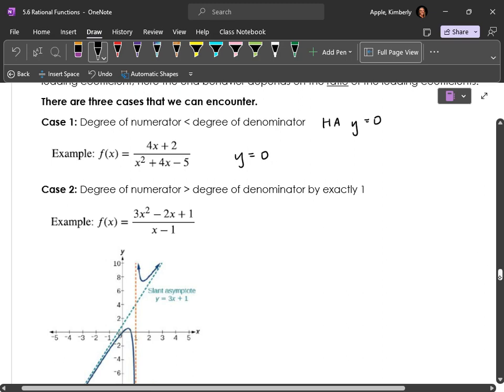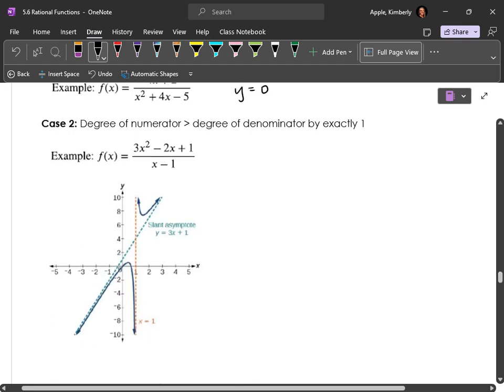In case number 2, the degree of the numerator is bigger than the degree of the denominator by exactly 1. So this is degree 2 over degree 1, and you're going to have what we call a slant asymptote. There's not even a horizontal one; it's a slant asymptote. You can see a picture of what that looks like. We find it using division, and you can use any division method you're familiar with.